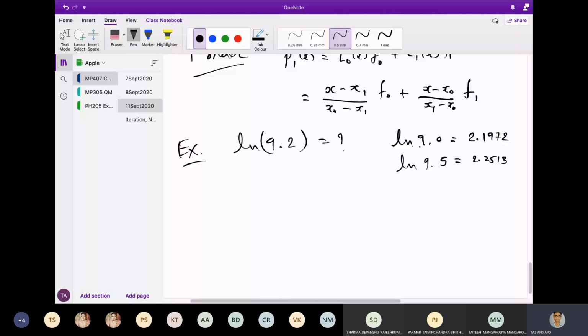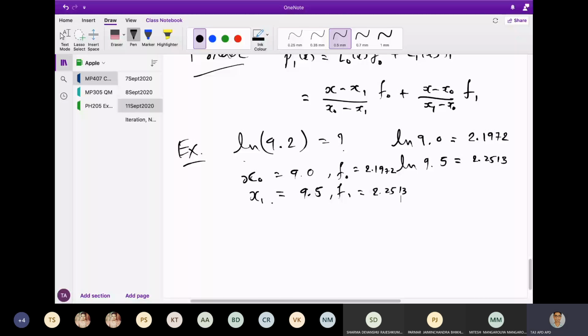So in this equation you substitute these values: x0 equal to 9.0, x1 equal to 9.5, f0 equal to 2.1972, and f1 equal to 2.2513.